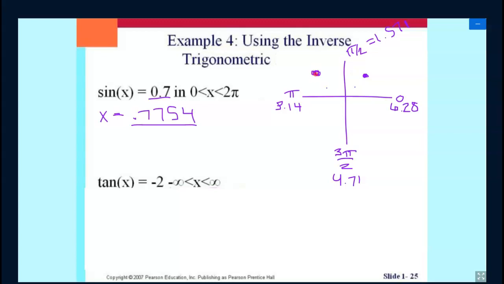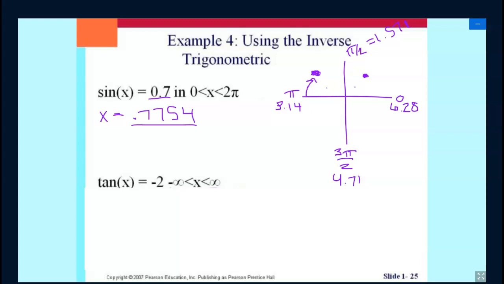So it needs to come from over here. So if I'm going from the x-axis, is that number going to be bigger or smaller than pi? Smaller, because it's going to happen before pi, right?